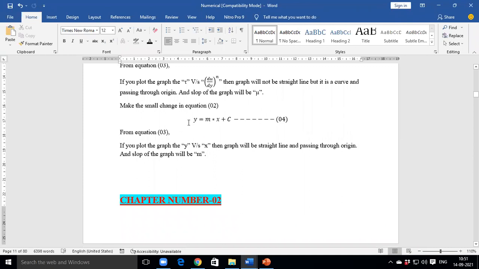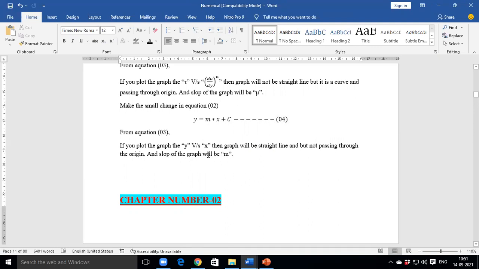Tell me, if we plot the graph of y versus x, then the graph will be a straight line, but not passing through the origin.